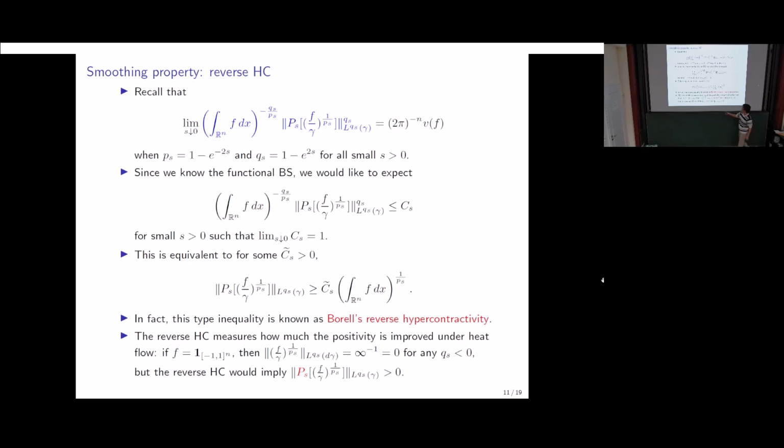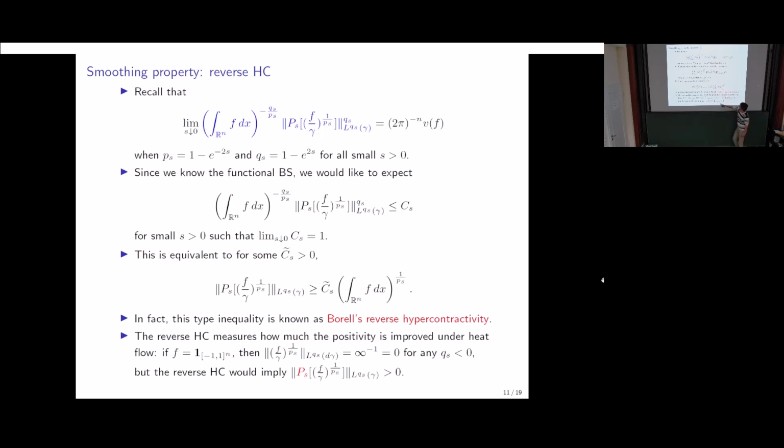For example, if you consider the characteristic function F and consider this, here we ignore the PS, then you can check that this becomes 0 because this characteristic function vanishes outside of the set Q. However, if we know the reverse hypercontractivity, then the right hand side becomes positive.